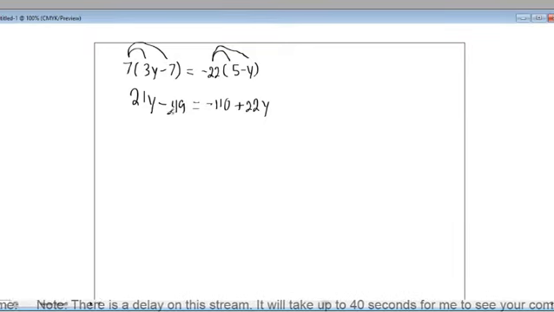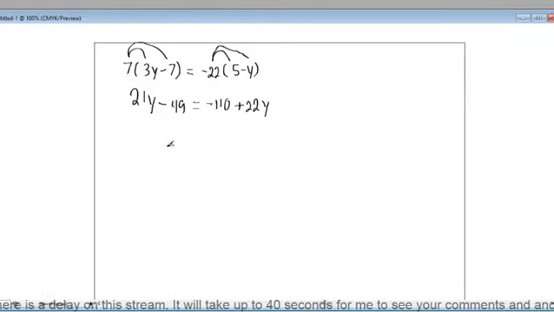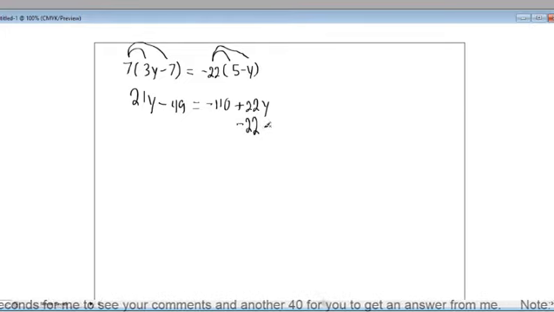So now what we need to do is pick a side to put y onto. Again, we want to get y to one side and then get it by itself. So I'm going to say let's put y on this side. So minus 22y here. Minus 22y.